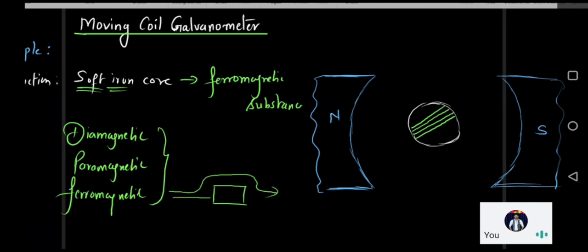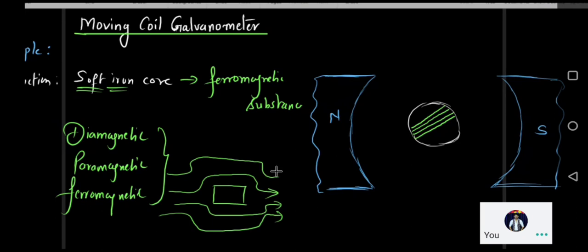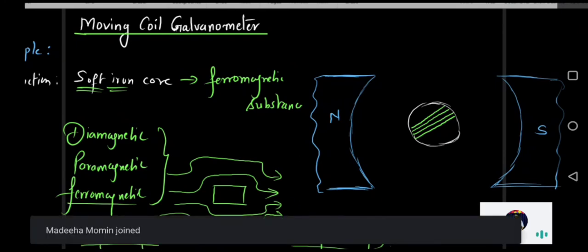The magnetic field will not pass through this material. The magnetic field will be repelled from it, and try to go away from this material. This is diamagnetic. Paramagnetic is going to allow the magnetic field to pass through it, but not to that extent. In case of ferromagnetic, it will completely allow.